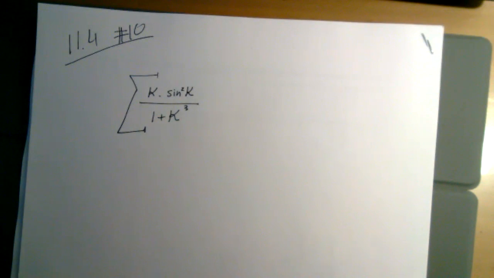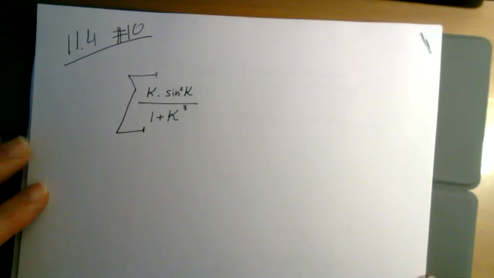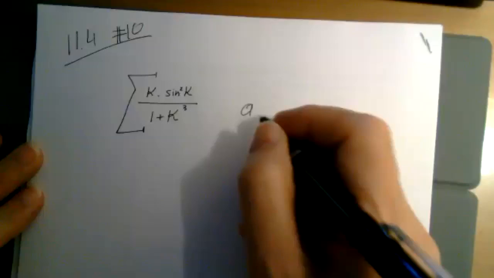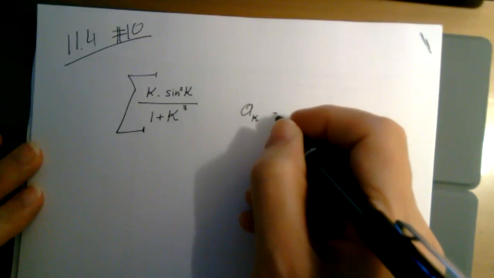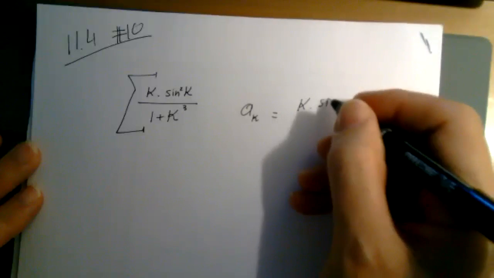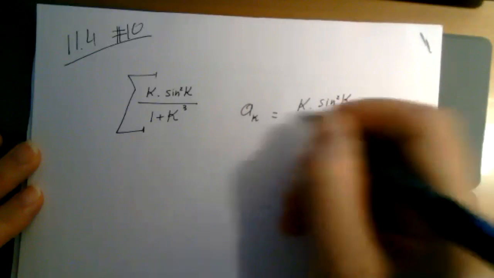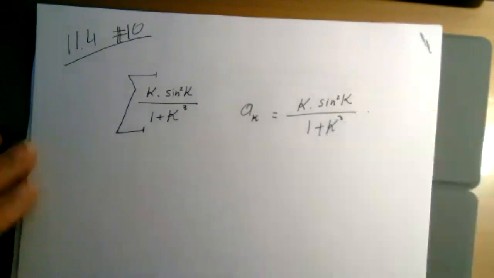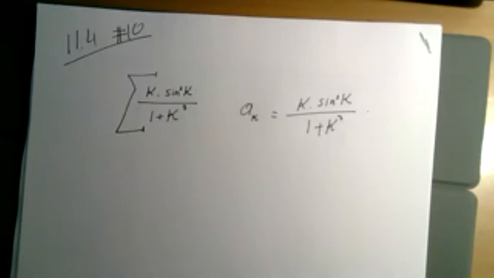It's not alternating, so everything we're doing with alternating has to be pushed to the side. What is my general term here? As I used k, I'm going to use k for my general term: k sine squared k over 1 plus k to the power 3. And the question is, does the series converge or diverge?